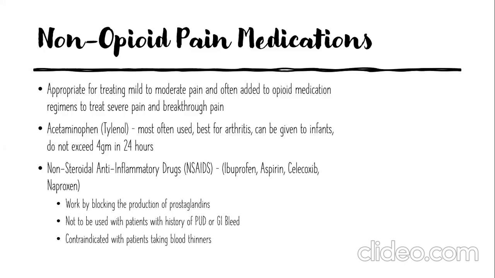Not for babies, obviously, everything's weight-based in kids and babies, but in adults and adolescents, anyone weighing more than 50 kilograms, like 100 pounds, 4 grams is the maximum a person could take in a span of a day.